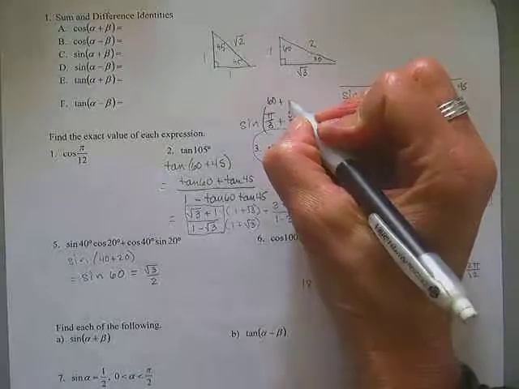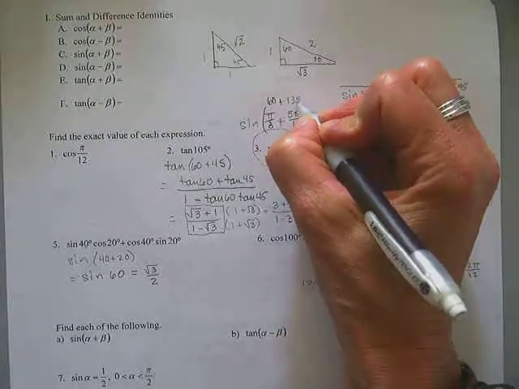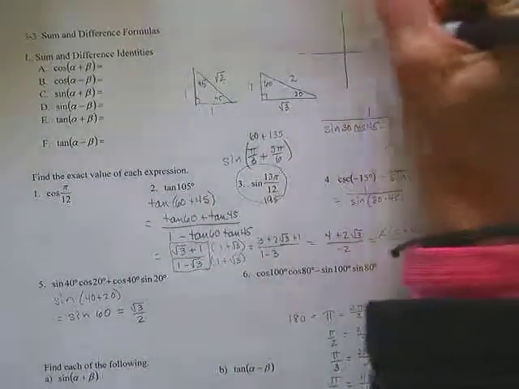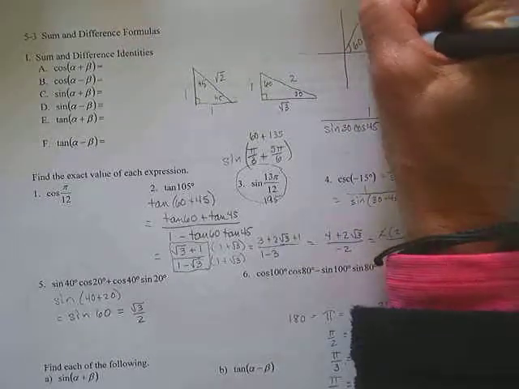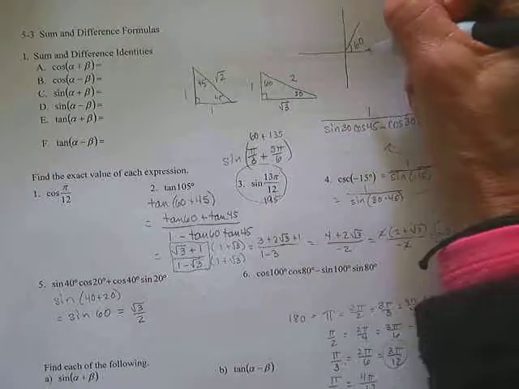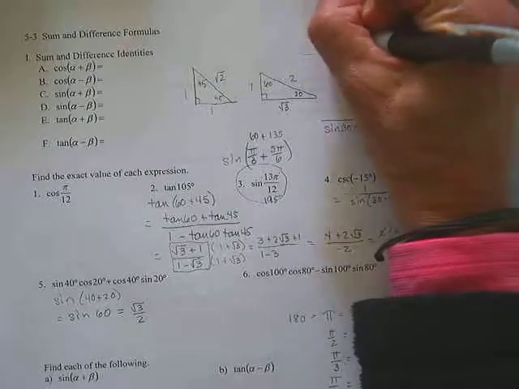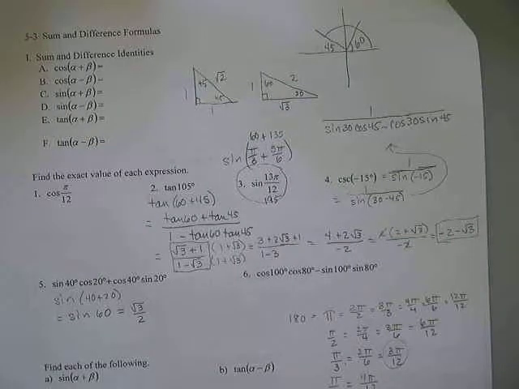So what if you did put in these degrees? How many degrees is that? 195? So this is 195, and so this right here is 60 plus, and what's 5 pi over 6? That would be 120, 135.